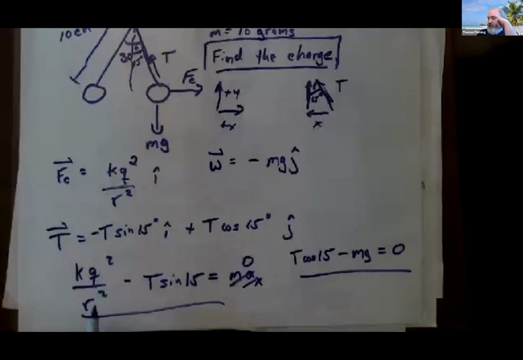R is going to be a thing we'll have to think about in a minute. But T is easy, because T appears in both of my equations. The fact that T appears twice means I can use one equation to get rid of T in the other. So let's go to this equation.